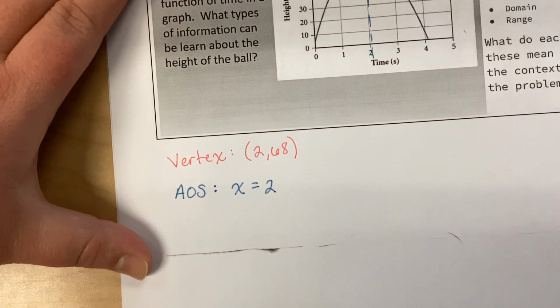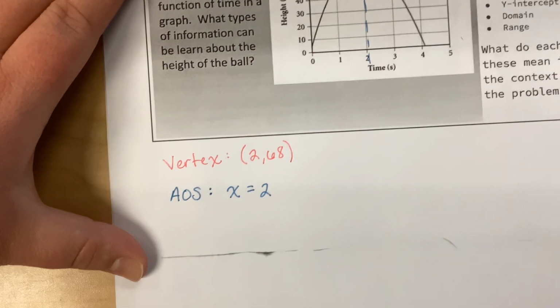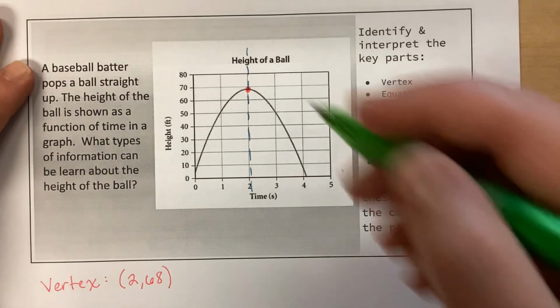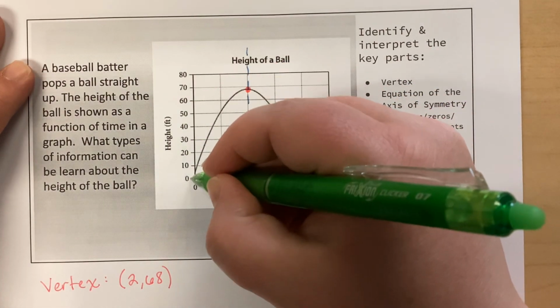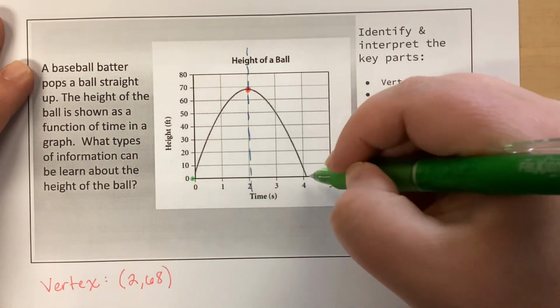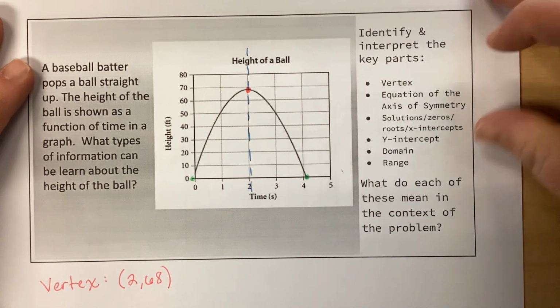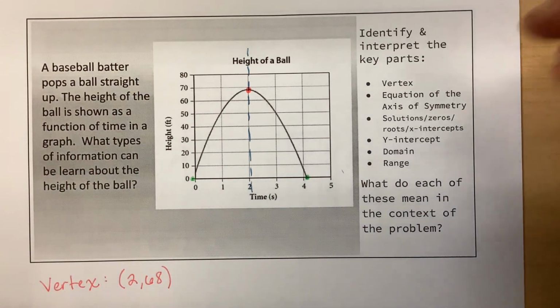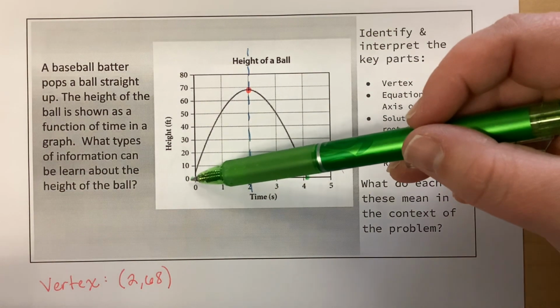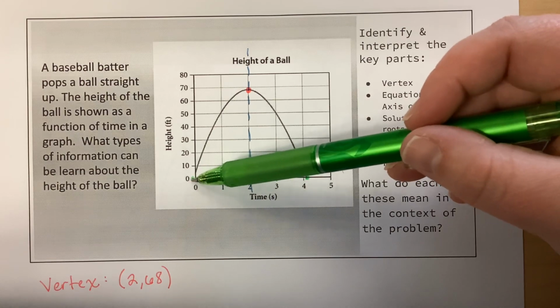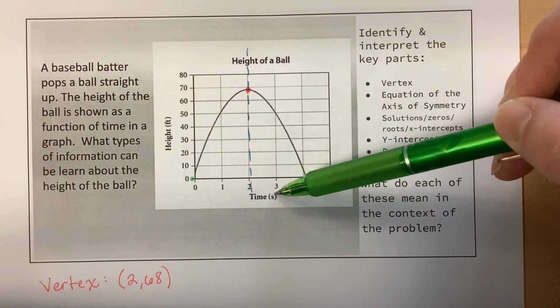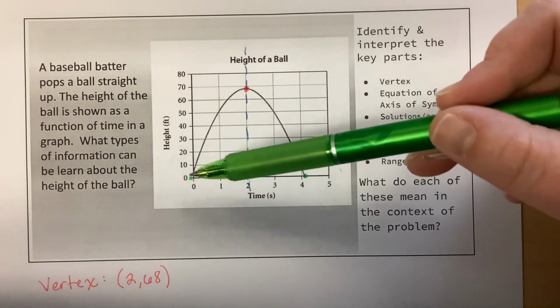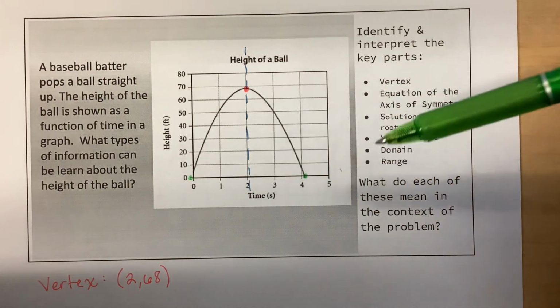Okay. Then we have the solutions. So this one also has 2. It appears like it's going to hit back here somewhere and also right here. Now for this one, it's important to note that this is a real world scenario. If I have an answer that is in the negative region, can I have a negative amount of time? Short answer is no. So we do not pay attention to that negative solution.